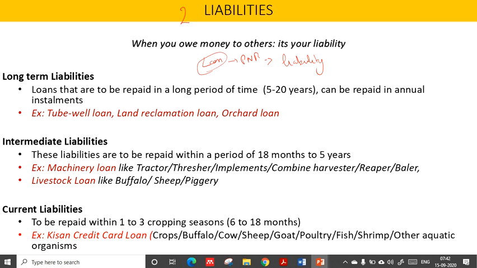There are again three types of liabilities: current liabilities, intermediate liabilities and long term liabilities. Current liabilities are supposed to be repaid within 1 to 3 cropping seasons, that is 6 to 18 months. The best example is the Kisan Credit Card loan, which is used for meeting operating expenses.